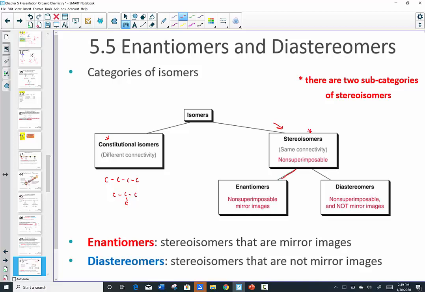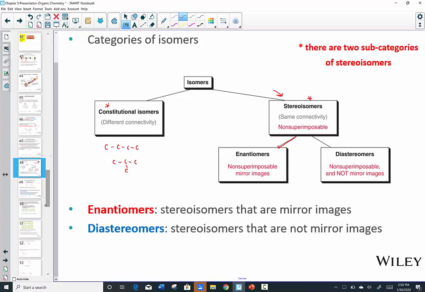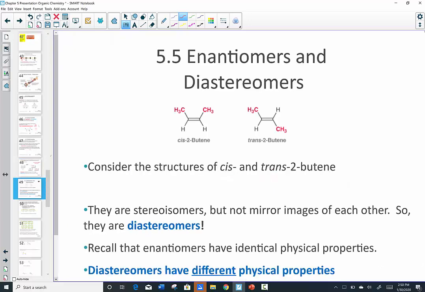Stereoisomers can be one of two categories. They can be non-superimposable mirror images, known as enantiomers, or they're not mirror images at all, and we call those diastereomers. For example, cis and trans are diastereomers. We can see that they are not mirror images at all. They are indeed connected in the same order in 2-butene.